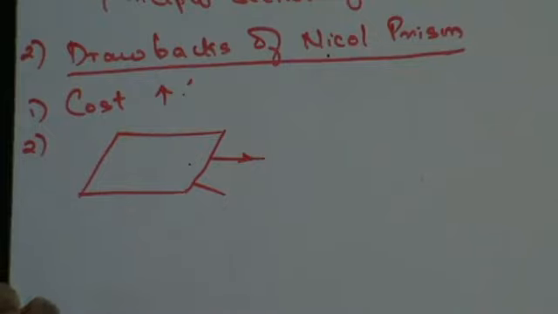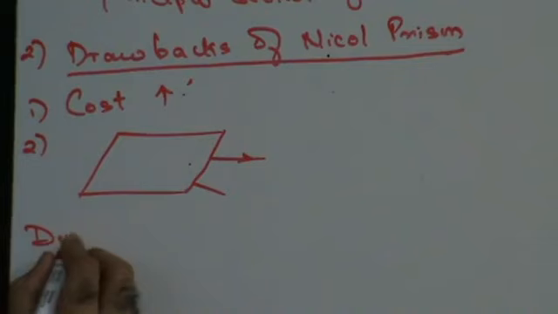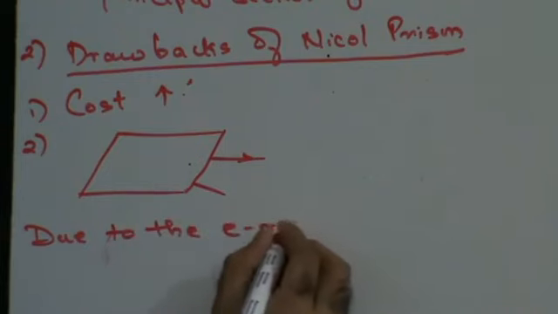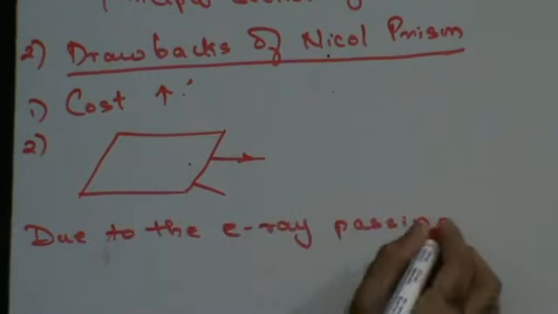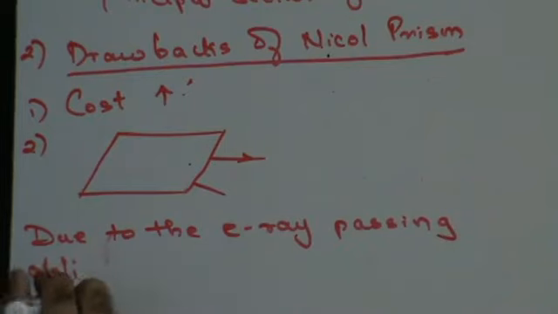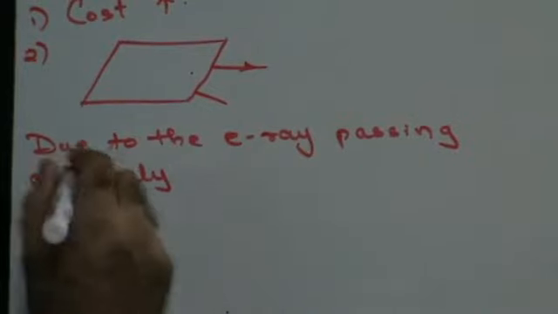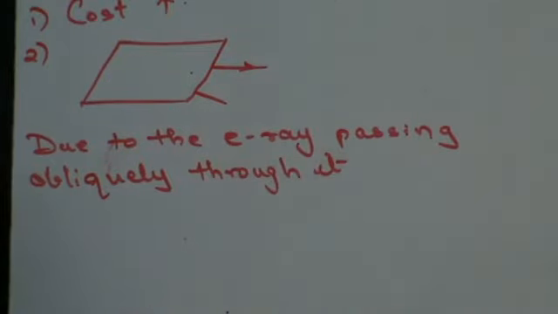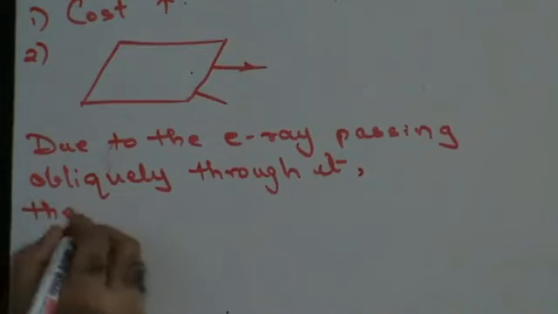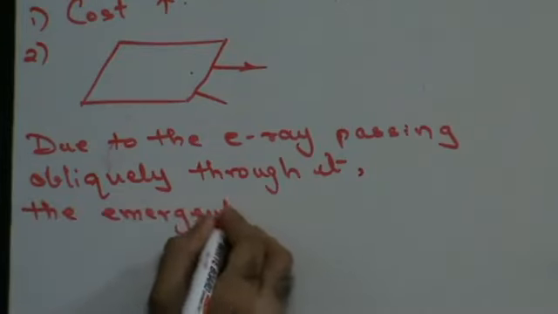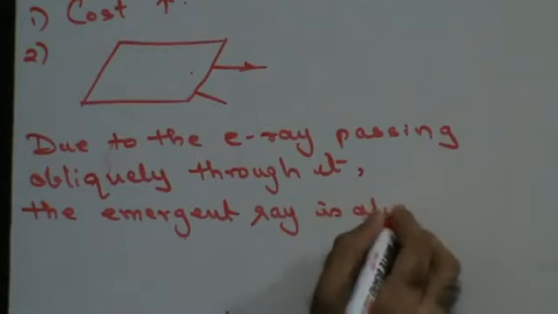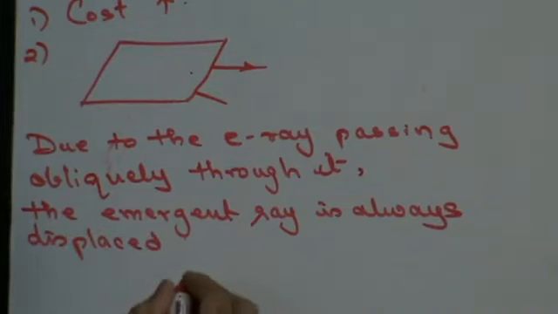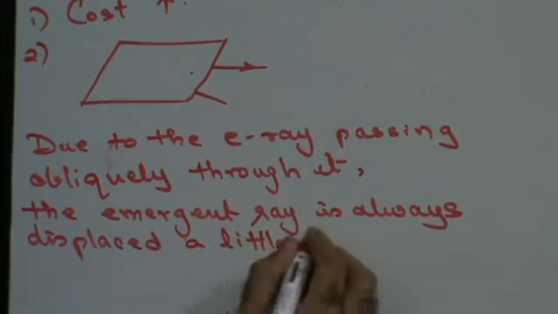So you will say that due to the extraordinary ray passing obliquely through it, the emergent ray is always displaced a little to one side.